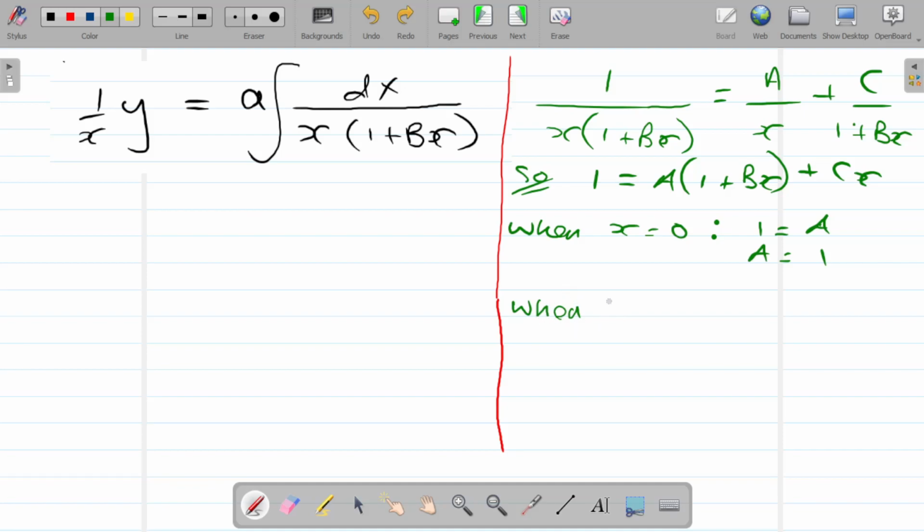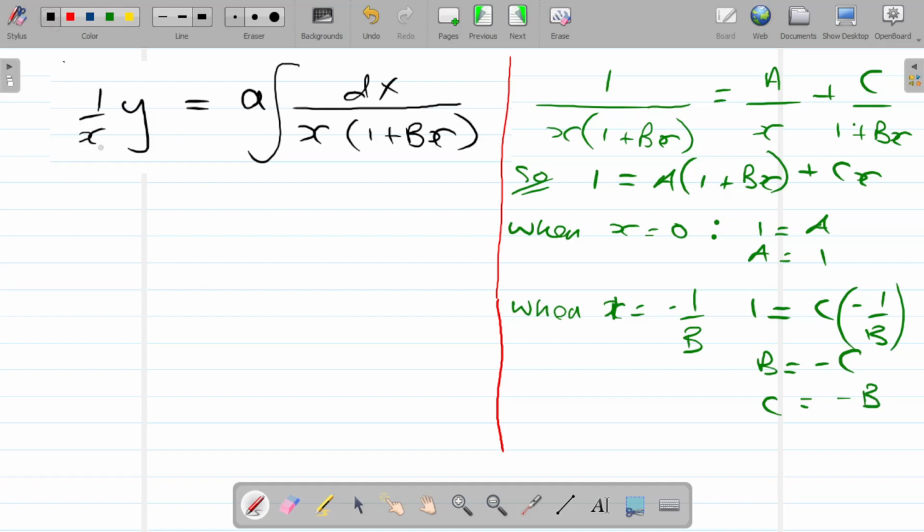So basically, when x is equal to minus 1 over b, we've got 1 equals c times minus 1 over b. So b equals minus c, or likewise c equals minus b, right? So now we can write the right hand side out in terms of partial fractions.